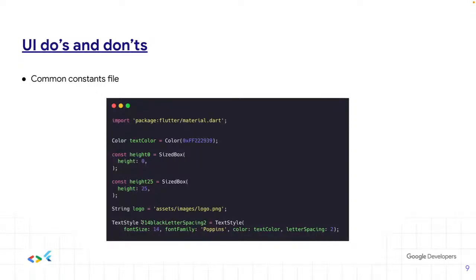Also, naming your assets. This is where I name my assets, and also text styles. So box decorations, text styles, common app bars, all of these things we can put in a common file. Don't we have to put these assets in the pubspec file? No, that is when you're registering it with the application. But when you're using that asset file, you need to name it, right? Otherwise, I will write Image.asset and in the brackets write this entire thing, that is assets/images/logo.png.